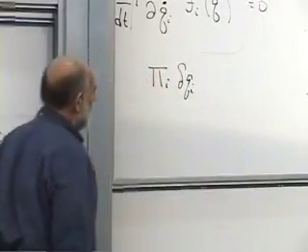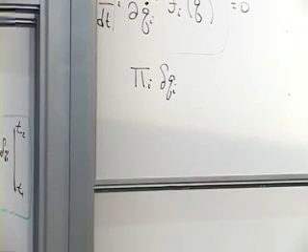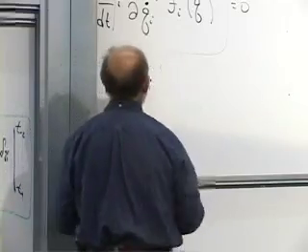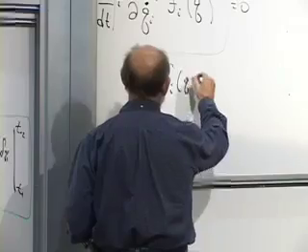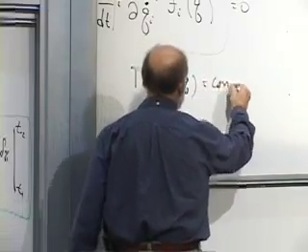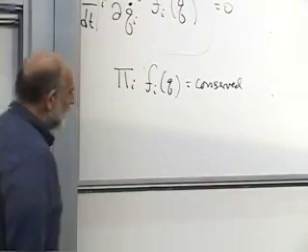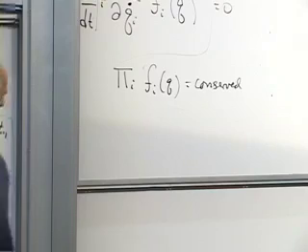We can throw away the epsilon. It's still conserved. So pi sub I times f sub I of q is conserved. In fact, it has a name. Pi sub I times delta q sub I is called the Noether charge.